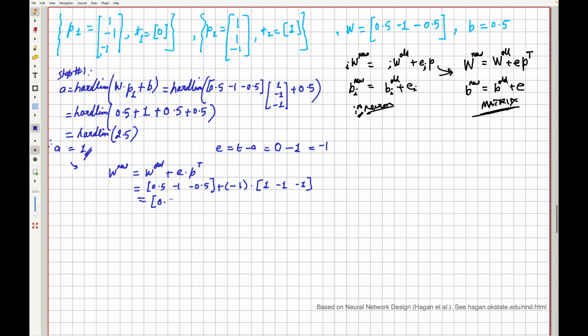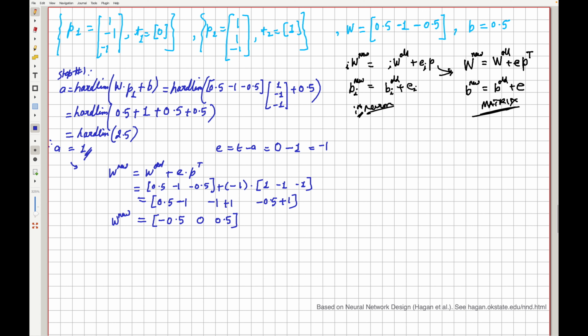So this is 0.5 minus 1, then we have minus 1, and this is minus minus plus 1, and then we have the last one which is minus 0.5 minus minus plus 1, and this then comes out to minus 0.5, 0, and this is plus 0.5, and that is going to be our new value for W.